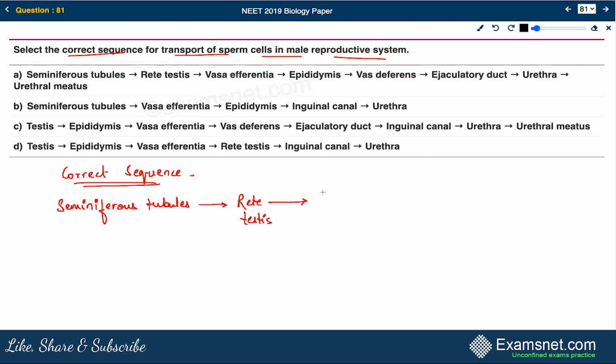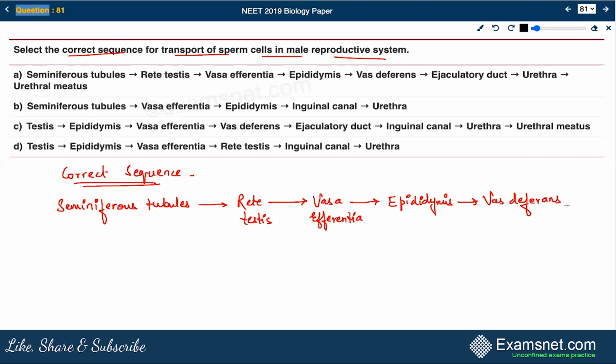Then it will be vasa efferentia. Then there will be epididymis. Then vas deferens, which is also considered to be the sperm duct.